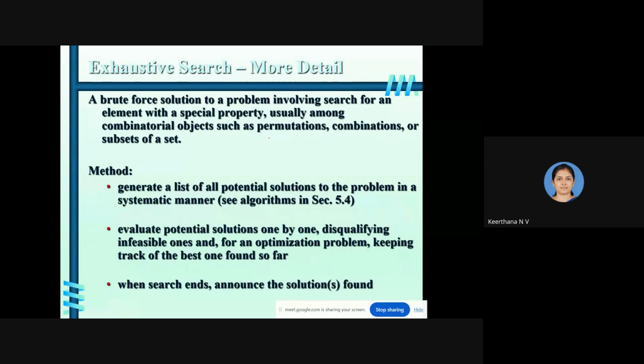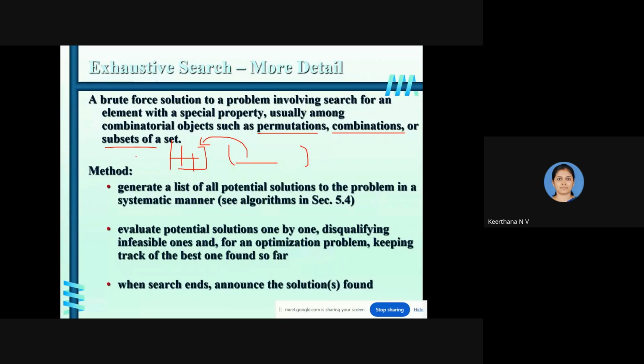Here the brute force takes the exhaustive approach by taking combinatorial objects such as permutations, combinations, or subsets of a set, and enumerating all the results. Permutations means you have some fixed set of tables and apply these solutions to find the solution. The second is combinations, meaning the pairs you are considering in your array.